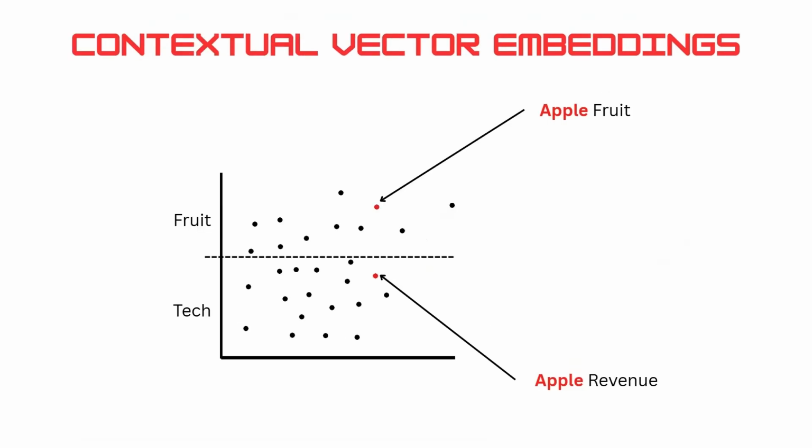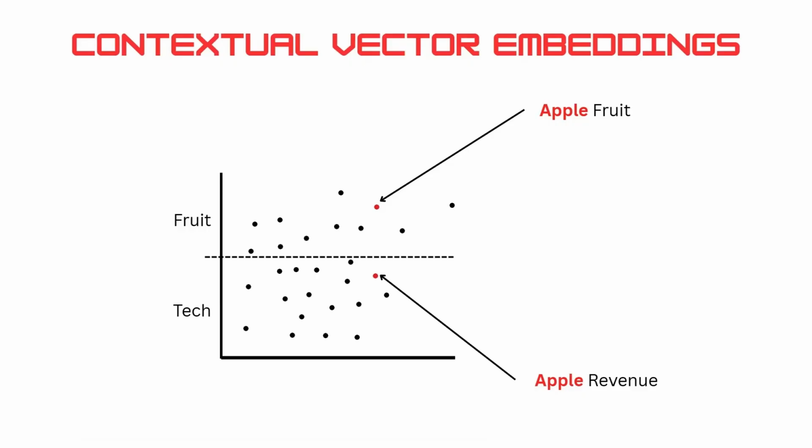In the case of contextual embeddings, even though the word apple is the same, the context changes its meaning. The embedding captures these differences. Here, distance between vectors indicates semantic similarity. Apple as a fruit is closer to banana or orange, whereas Apple as a tech company is closer to Microsoft or Google.